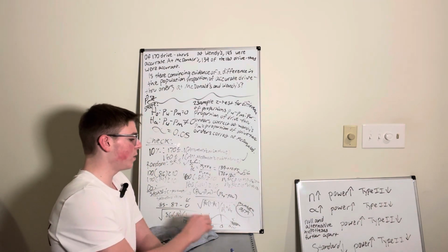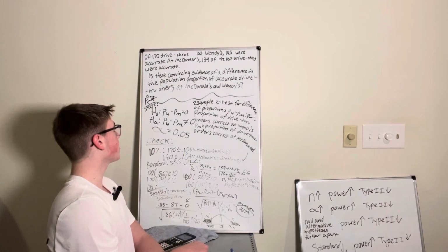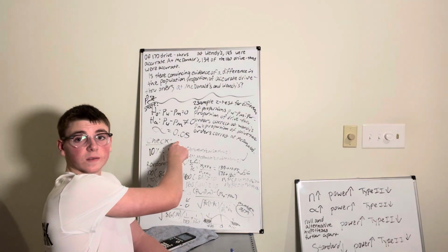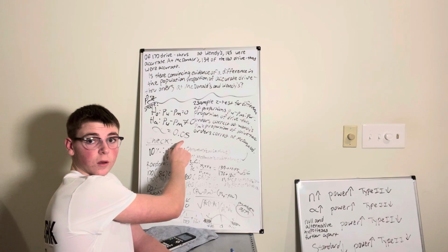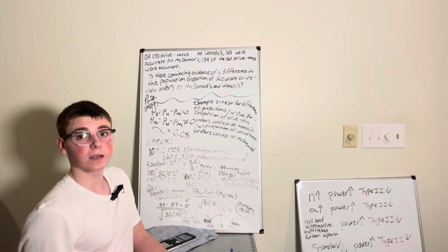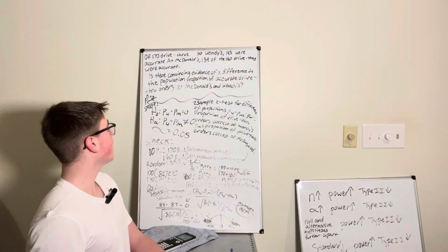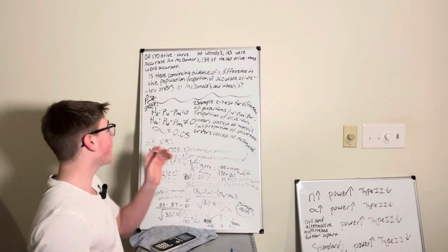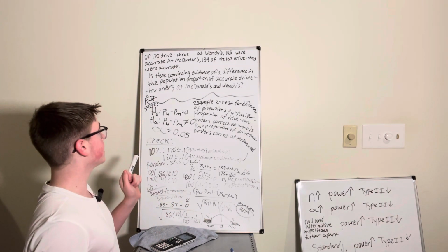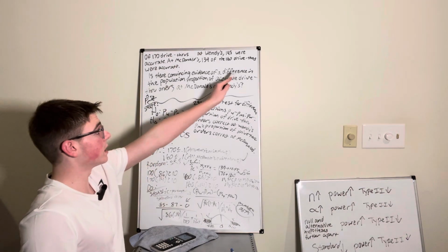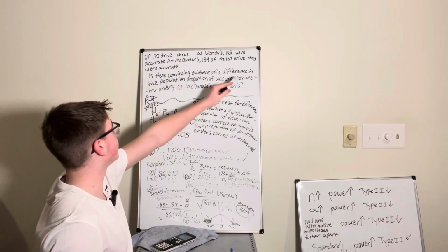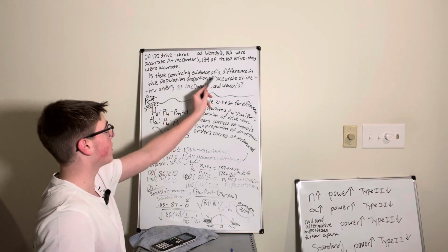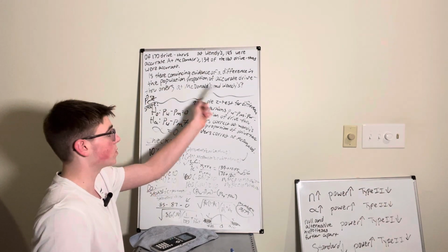Since our p-value of 0.0679 is greater than our alpha value of 0.05, we fail to reject H0, and we do not have convincing evidence of, you can literally just state this again, a difference in the population proportion of accurate drive-through orders at McDonald's and Wendy's.